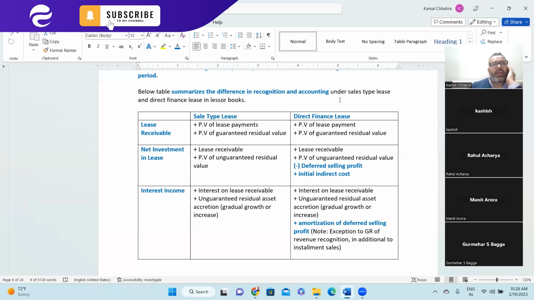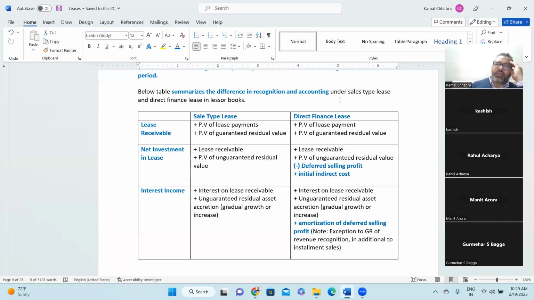And you have given that car on a lease for, let's assume, 5 years. In those 5 years, you are receiving, let's assume, $1,000 a month, right? So that's your normal lease rental. And after 5 years, you are expected to receive $10,000 from the lessee as a guaranteed residual value.